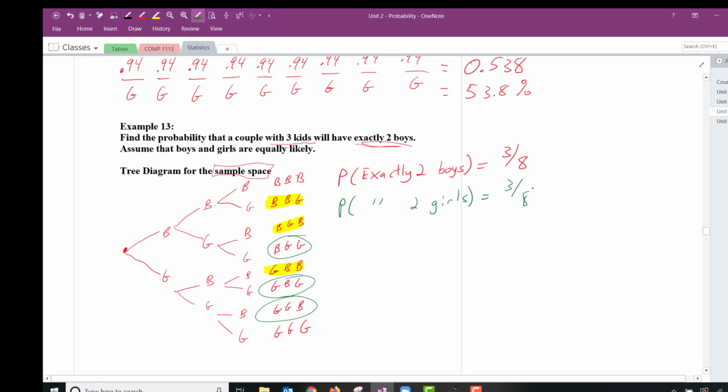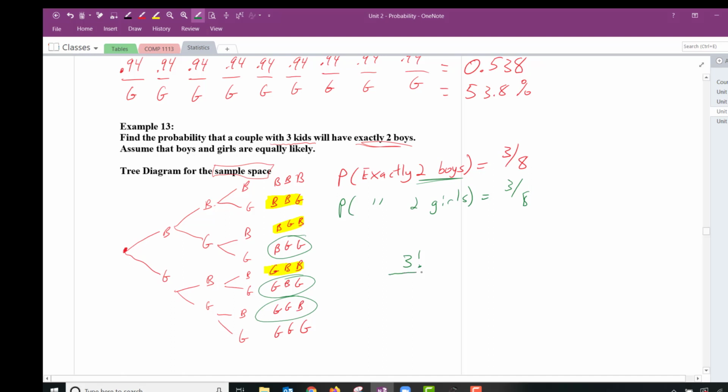If we have a group of 3 and they're all unique, there are 3 factorial ways of arranging them. But we need 2 of them to be boys and 1 of them to be a girl in the 2 boys case. So the 2 boys in the group, if I swap them around, it's still the same thing. If I have boy, boy, girl, and I swap the first 2 boys around, it's still boy, boy, girl.